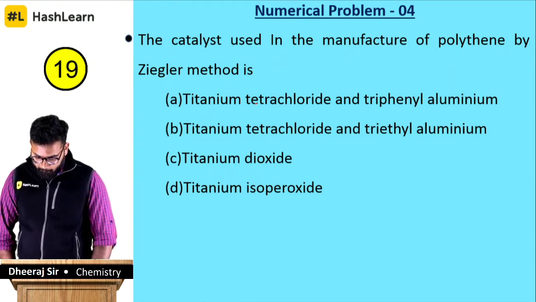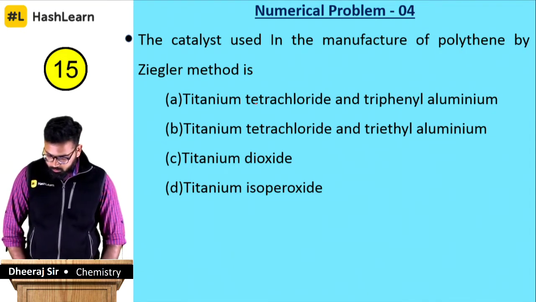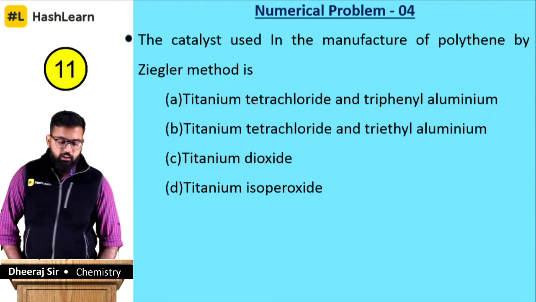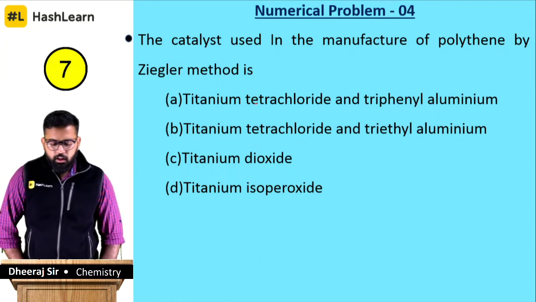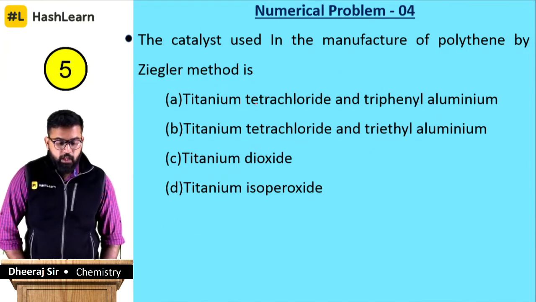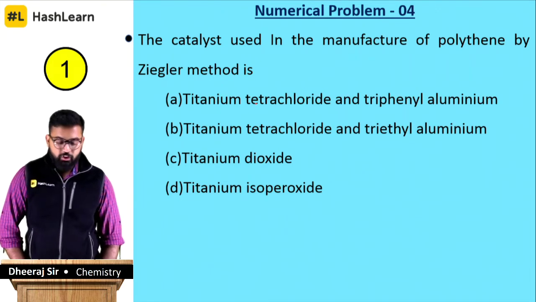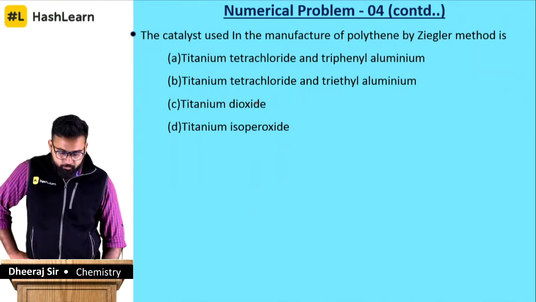Think about it. Quite an important catalyst. Even though in your 11th and 12th you'll not study much, the application chemistry which is right now alive is polymer chemistry, and Ziegler-Natta or Ziegler catalyst is extensively used.